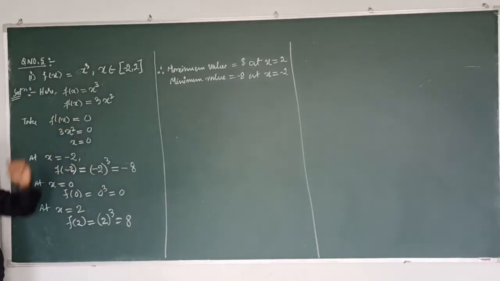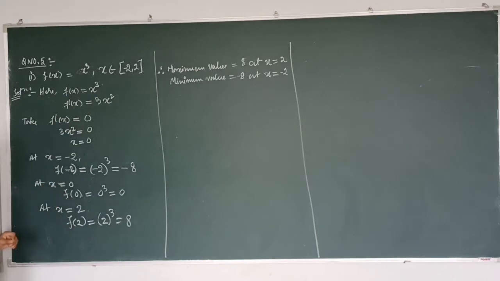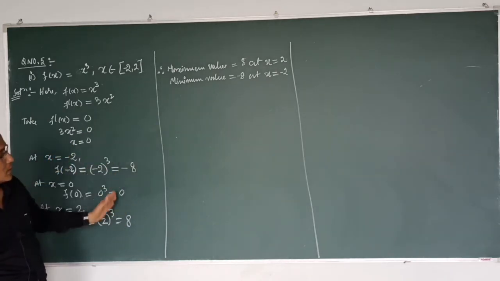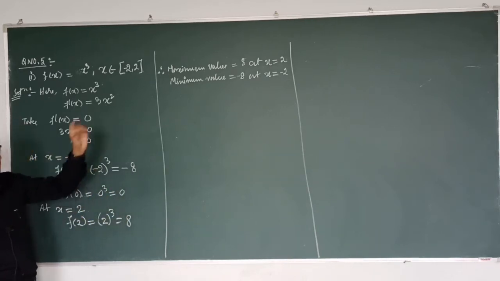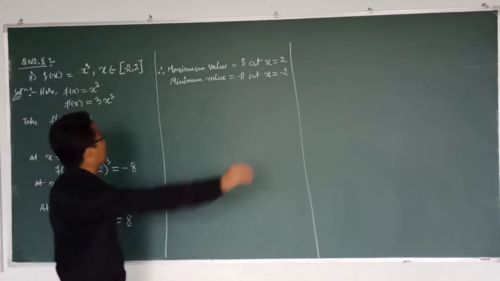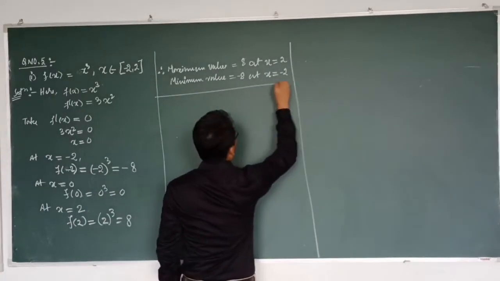Because the interval is given in the question, we take the end values as well, starting from -2, then x equal to 0, and x equal to 2. From these three we see which is our maximum value and at what point. Like that we solve the question.